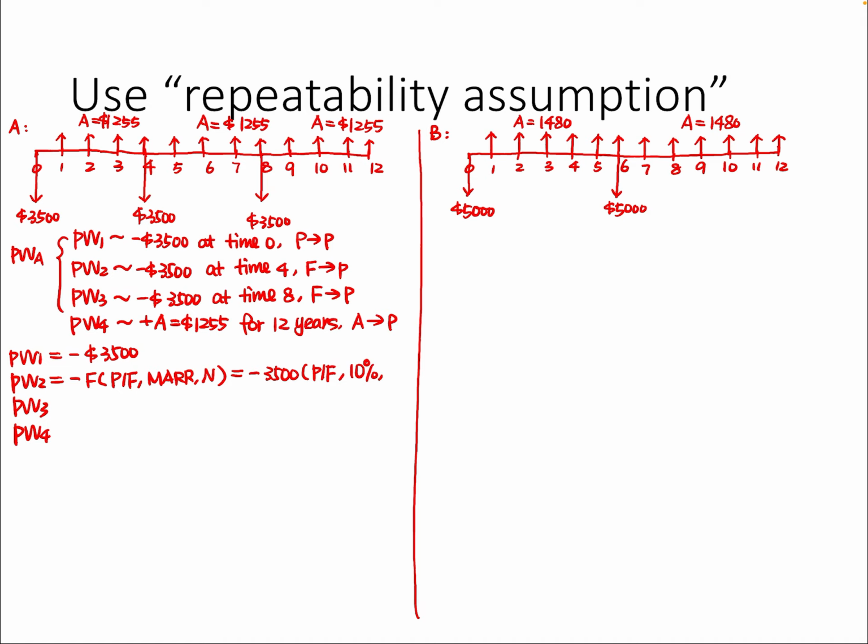How many number of years? It's from the time 0, it is 4. Okay, so I will skip the calculation. I'll just write down the formula.